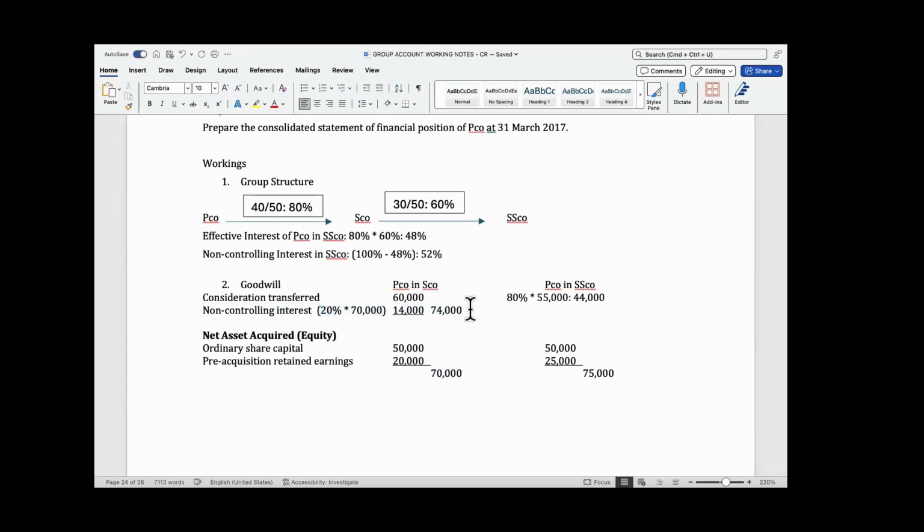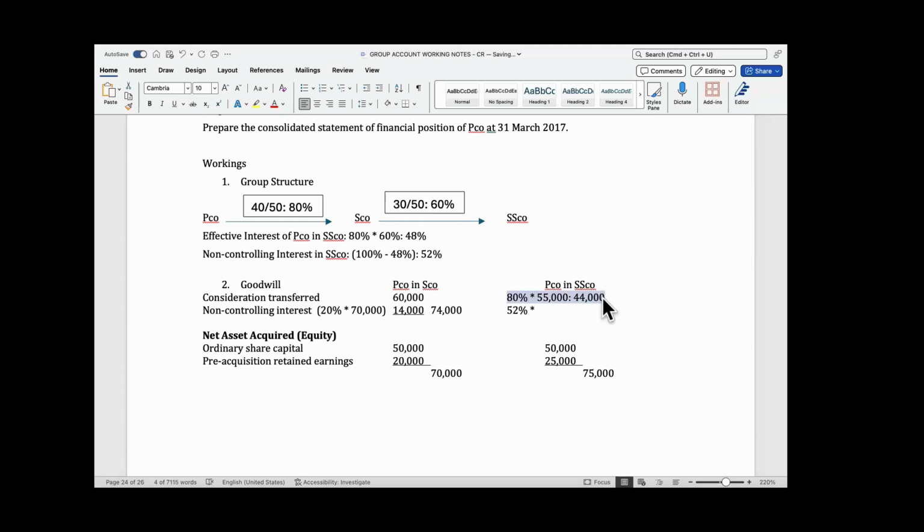So this has to be the NCI's holding in SSCO, because what this 14 means is the NCI value, which could be based on proportionate share or on fair value. Here, the question says proportionate share. So the basis has to be 52% because that's NCI holding in SSCO. It's different from how much we paid.